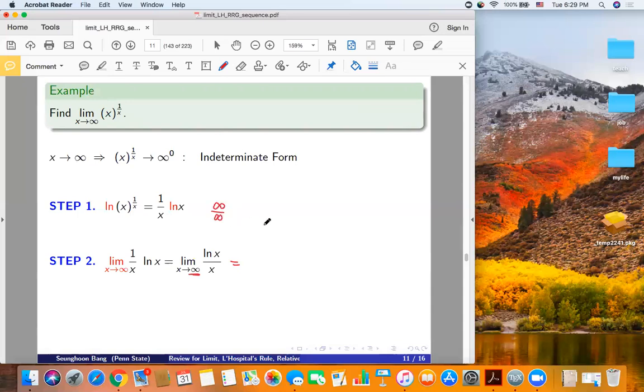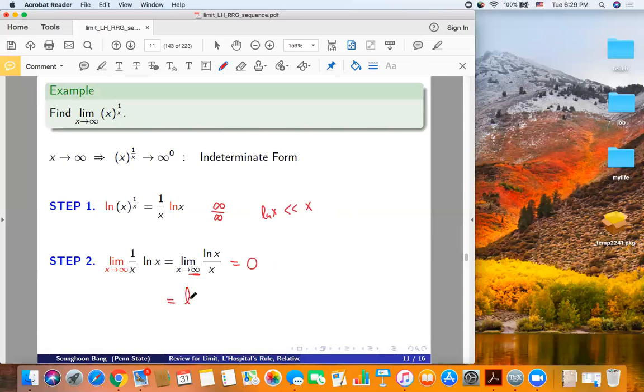So one method is relative rate of growth. Infinity with infinity. So which one is growing faster? x is growing faster than ln of x. So the answer is 0. This is one method.